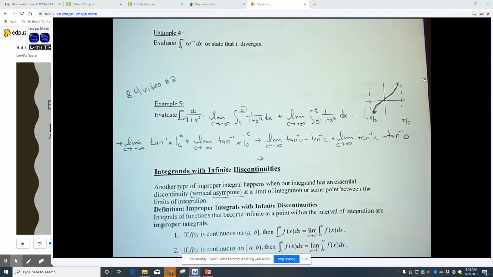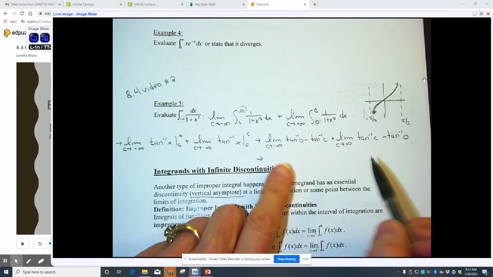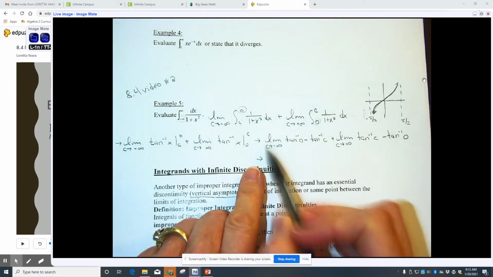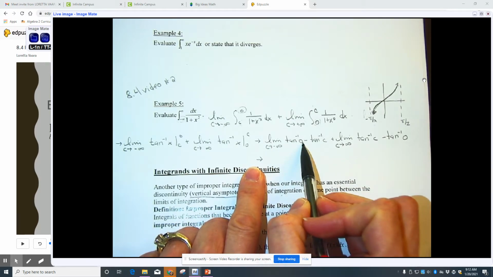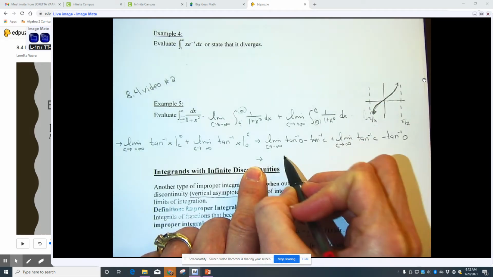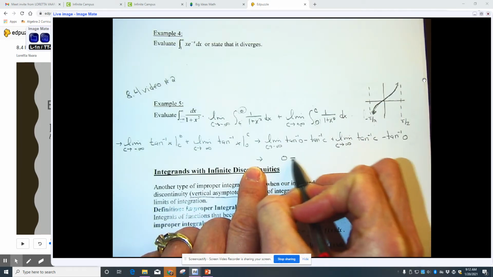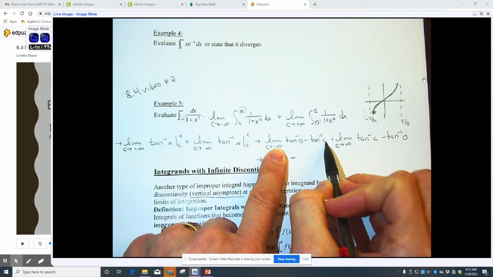Now, for this one, you have to remember what the graph looks like for tangent. I've sketched it over here for you. First of all, tan of 0, I'm just going to get 0. Then I'm going to have minus tan inverse of C as C approaches negative infinity.